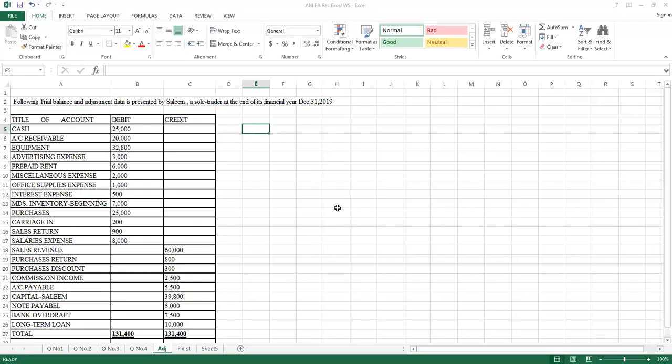So I'm selecting a question in which various information is given. Some appears on the debit side of the trial balance and some on the credit side.